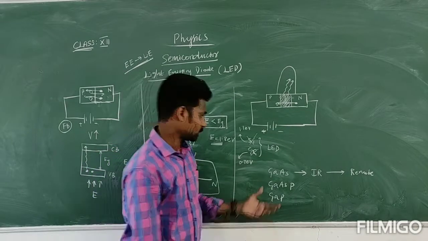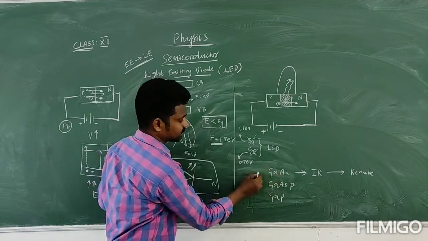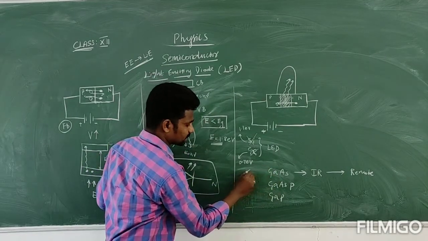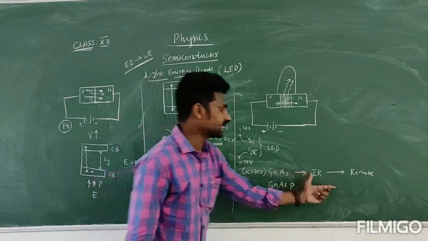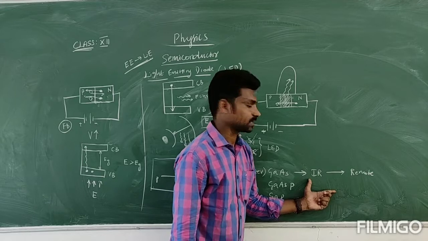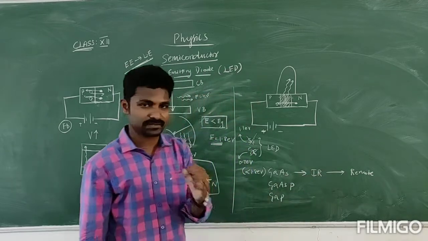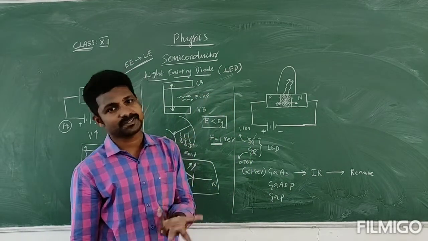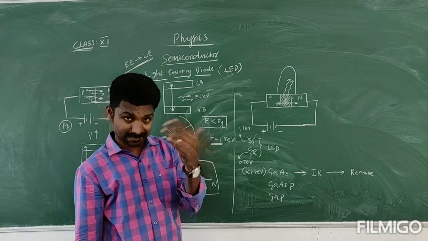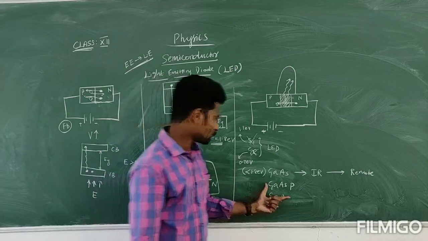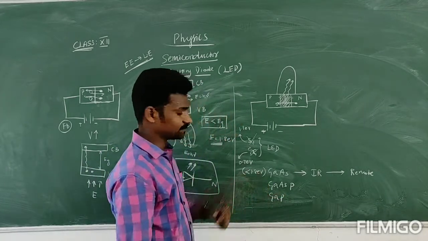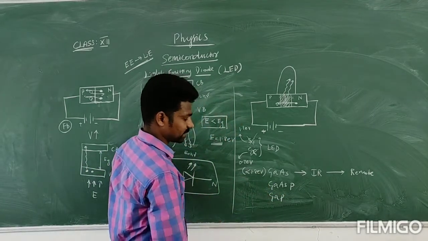The energy level there is less than 1.8 electron volt, so we don't get visible light, because infrared is not visible. Next, red color will be visible, up to violet.